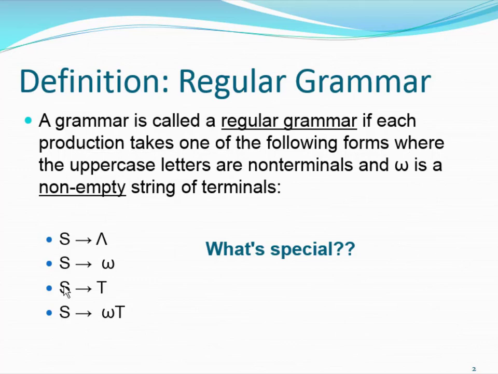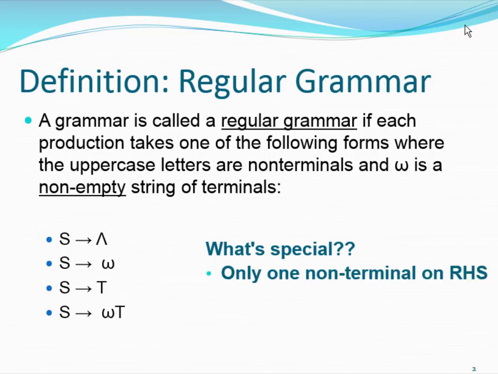Regular grammars have these kinds of production rules. Either we have a non-terminal going to lambda, or a non-terminal going to a string of terminals, a non-terminal going to another non-terminal, or a non-terminal going to a mixed thing which has a whole bunch of terminals and then one non-terminal at the end.